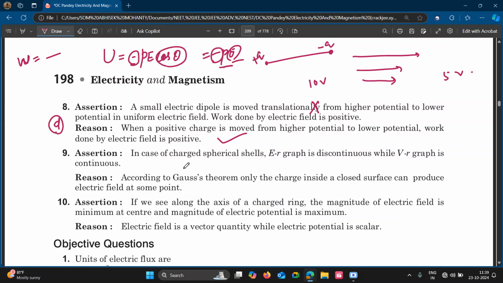Reason is true. In case of a charged spherical shell, the E-R graph is discontinuous while the V-R graph is continuous. Okay. According to Gauss theorem, only the charge inside a closed surface can produce electric field at some point.